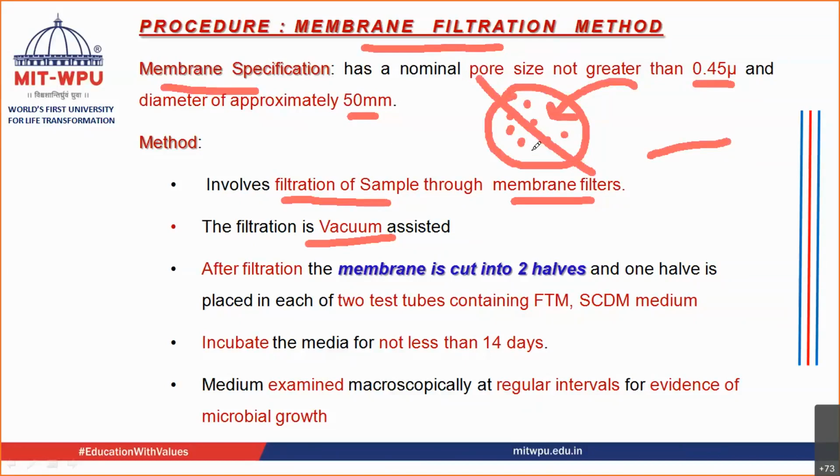One half you are going to place into the test tube containing fluid thioglycolate medium. You have seen how we prepared the culture medium. In the second culture medium, the soybean casein digest medium, you are going to put the other half. If microbes are present, they are going to grow.